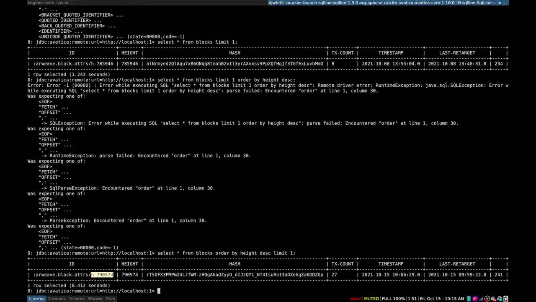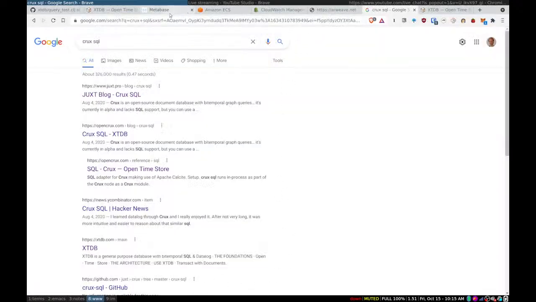Okay, so the schema's there. It worked. Question is, why isn't it showing up in Metabase? So a couple possibilities.